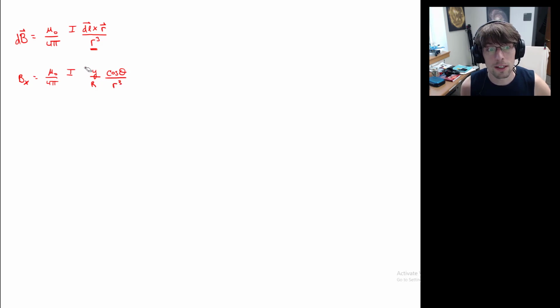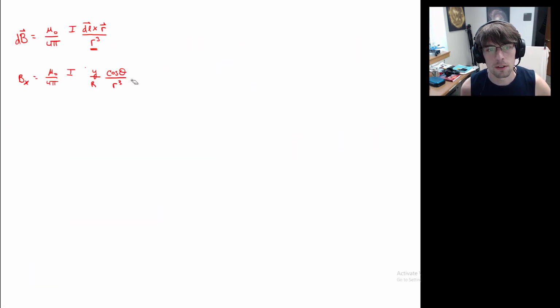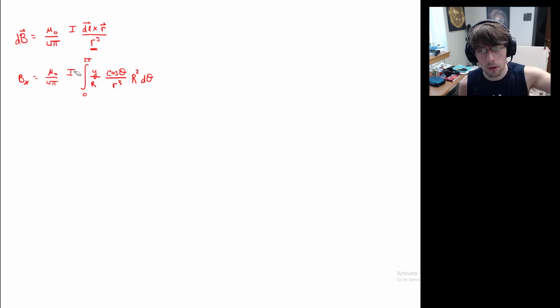And I'll have to integrate this. And guess what we forgot again? We still have that r squared d theta here. And what are the limits of integration? Yeah, you got it, 0 to 2 pi. We want to go every single piece around that loop.